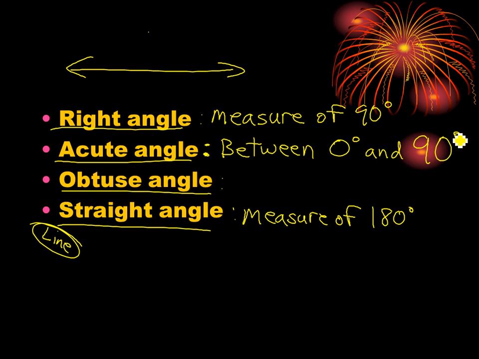Now, once you know that, Allison, she's probably smart enough that she can figure this out. What's an obtuse angle? Between 90 and 180. When you say it's between 90 and 180, what's it include? Does it include 90 degrees?